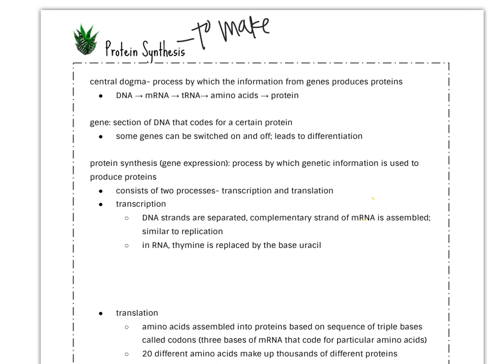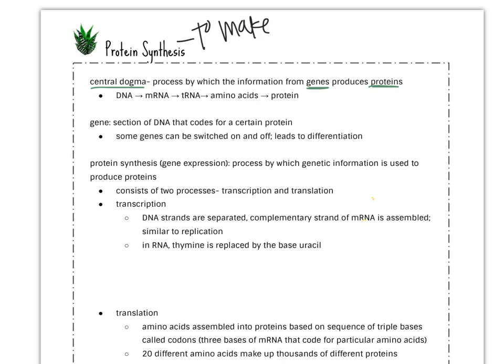And protein synthesis is called a central dogma in science. So the central dogma is just a process by which the information from genes produces proteins. So this entire idea of how genes happen is summed up in the central dogma.